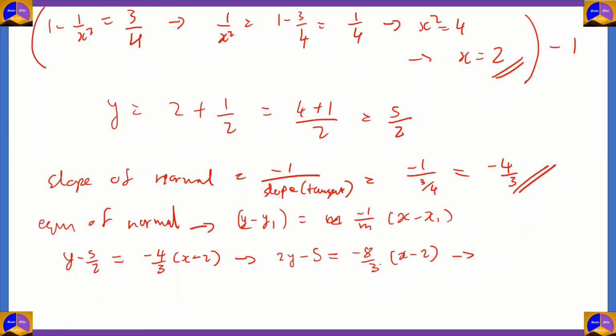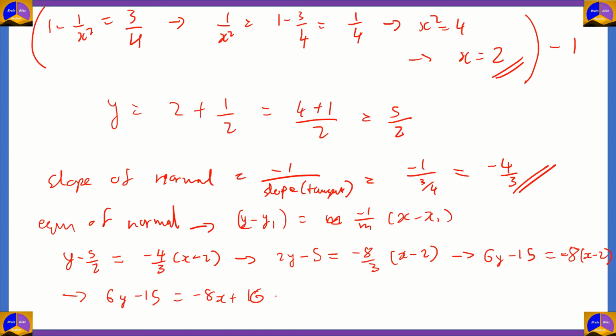Now we need to remove this fraction, so we multiply by 3 on all sides. So it becomes 6y minus 15 equals minus 8 times x minus 2. Then we can write 6y minus 15 is equal to minus 8x plus 16, because 2 times 8 is 16.